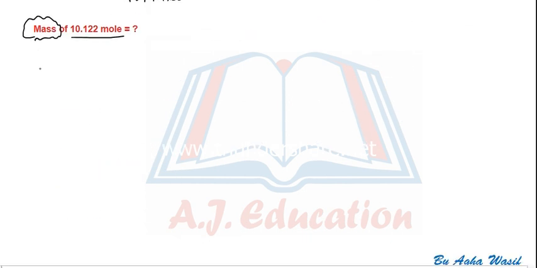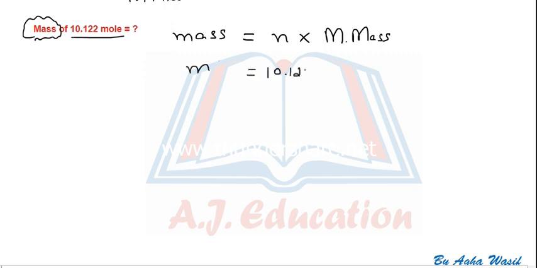So let's just put this formula. Mass is equal to mole into molar mass of the substance, and mass is represented by m, and we have 10.122 moles, and the molar mass of the aspartame, we already know that is 294 gram per mole.